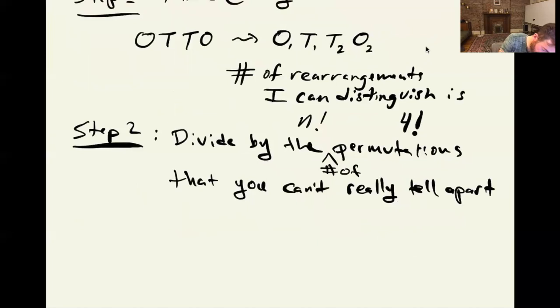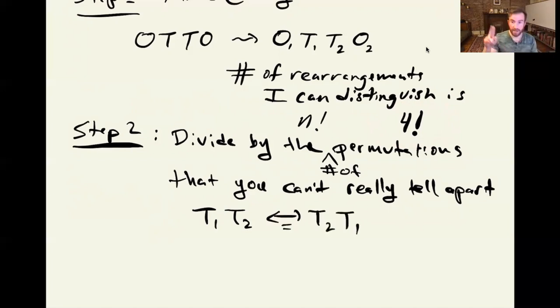So in this case, T1 and T2, in this formula up here where I use 4 factorial, I can't really tell when I switch these two T's, assuming I drop those little subscripts. I can't actually recognize those as different.